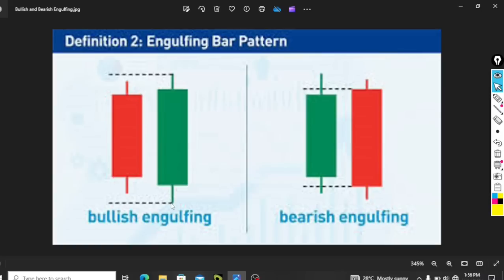At a point, then the green candle opens and begins to trade above the red candle, and the green candle completely engulfs the red candle. It completely swallowed up the red candle. It is at that point that you call it a bullish engulfing, for its ability to engulf the first red candle in the setup. So that is what makes it powerful.